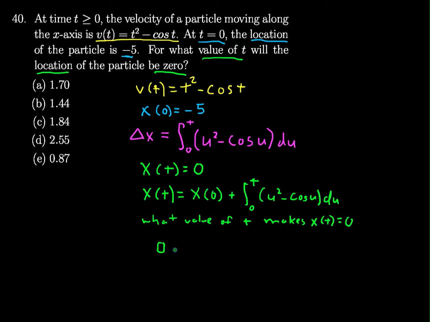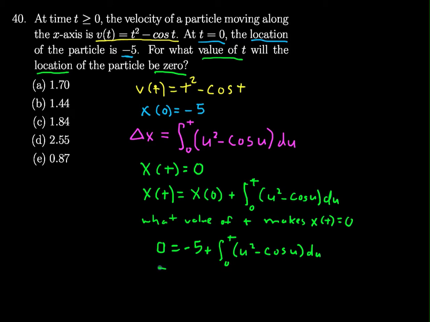So 0 equals x of 0, which is negative 5, plus the integral from 0 to t of u squared minus the cosine of u du. First thing, I'm going to add 5 to both sides. I think it's a little bit cleaner that way.